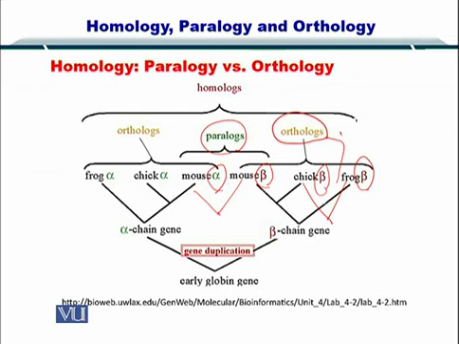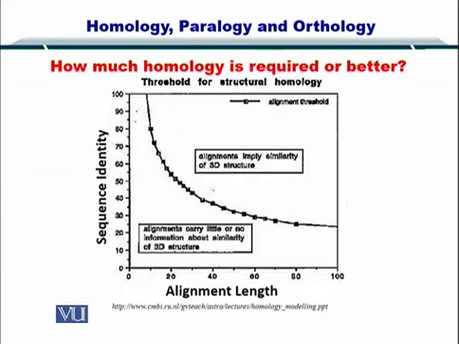So when we are going to study homology modeling, we are going to try and find proteins in other species as well as proteins within the same species that are having the same or similar sequence towards predicting the structure of the unknown protein.